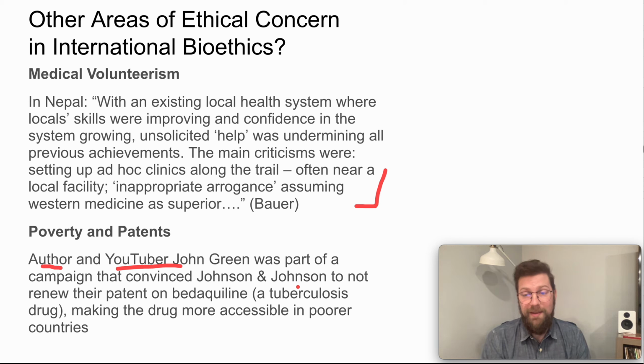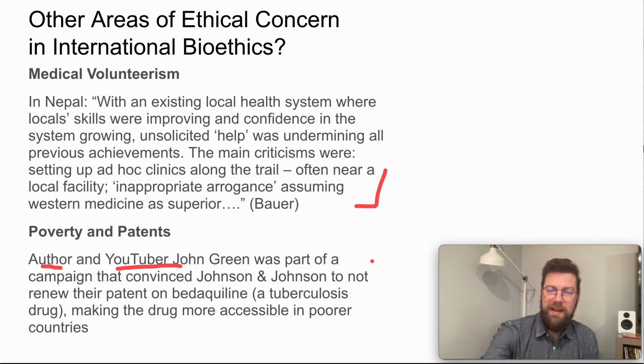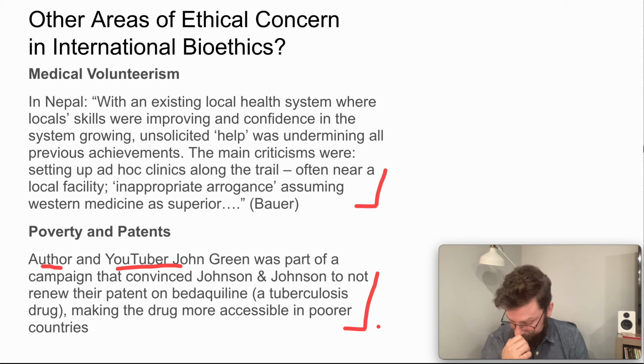And you may well know that tuberculosis is a treatable disease, but that still kills many, many, many people. About as many people as are killed by malaria each year. Right? But this is actually a happy story in that through campaigning and a lot of discussion, both in public and probably also behind closed doors, Johnson & Johnson was convinced to not renew their patent on this drug. And because of this, the price of bedaquiline decreased dramatically.